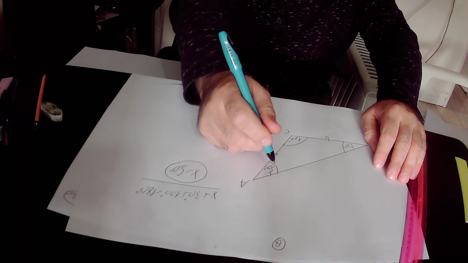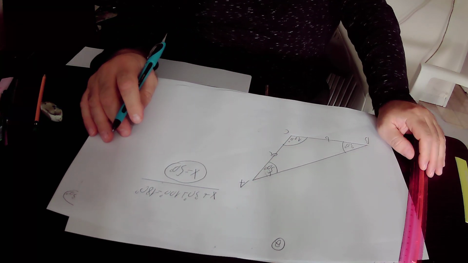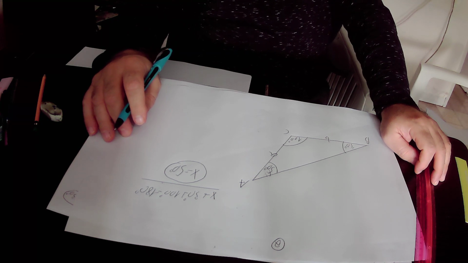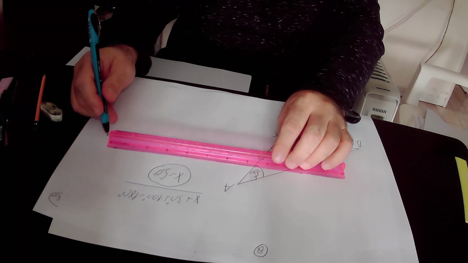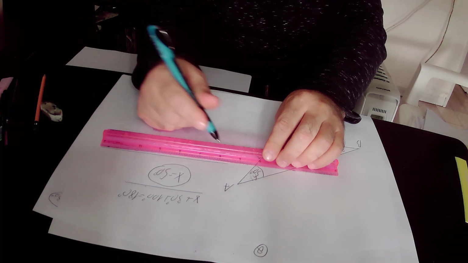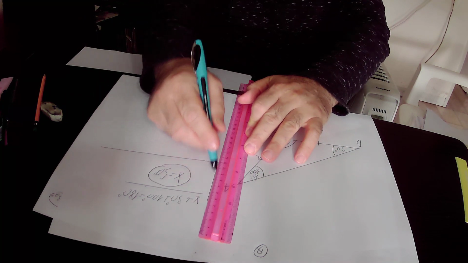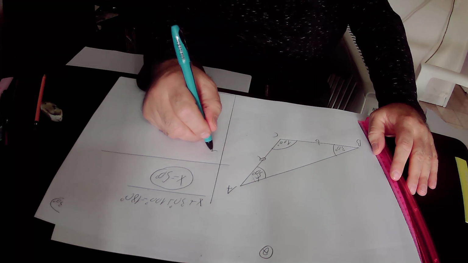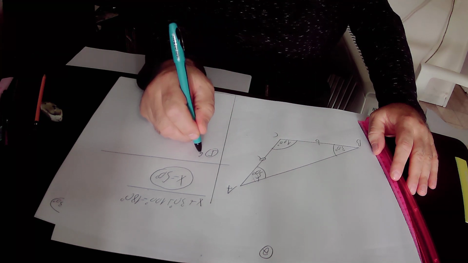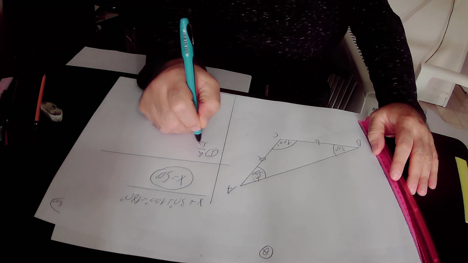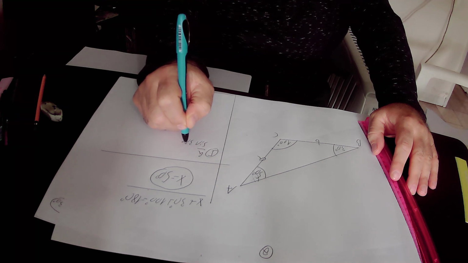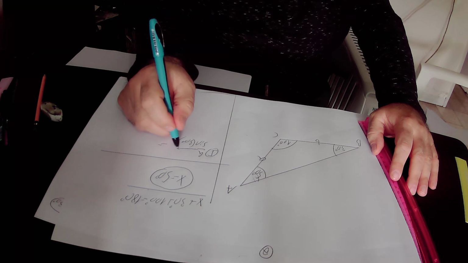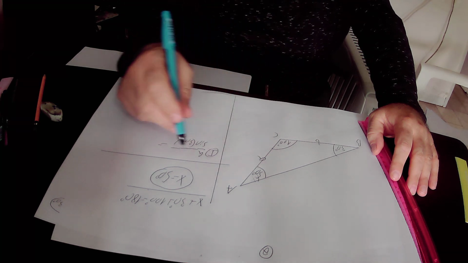And now we will implement the law of sines in this triangle, triangle ABC. Here we will get that A over sine 30 degrees equals B over sine 50 degrees.